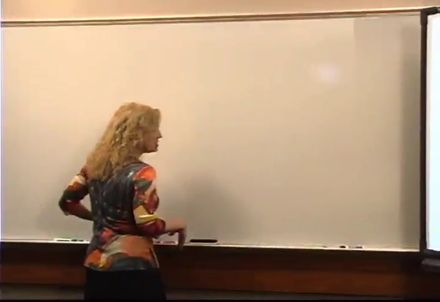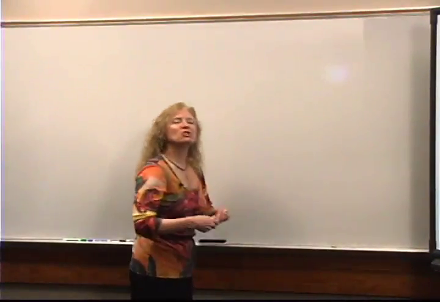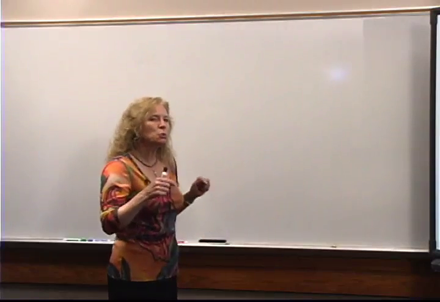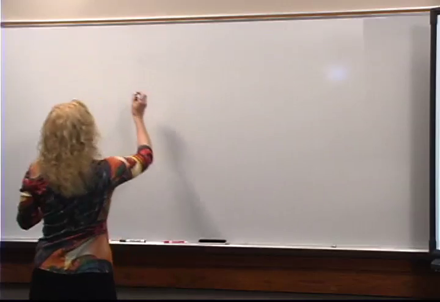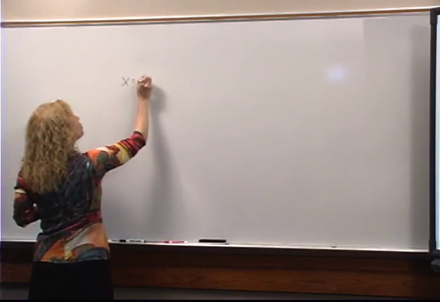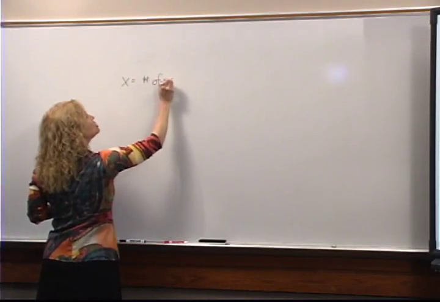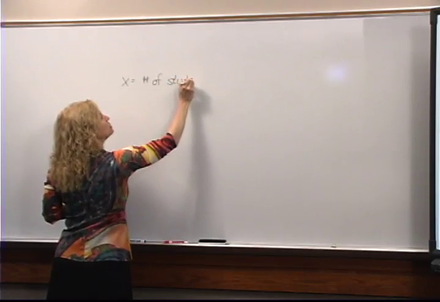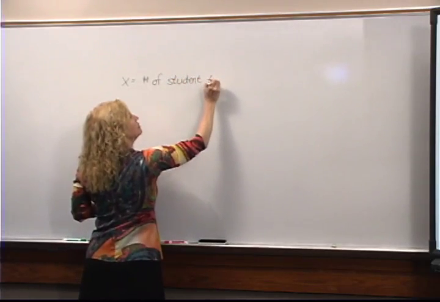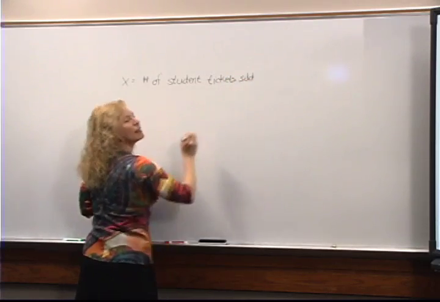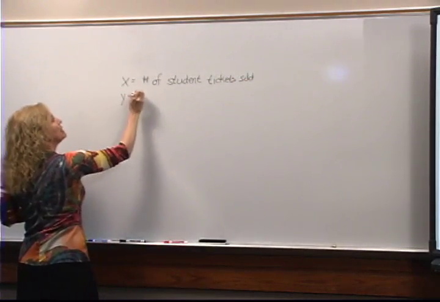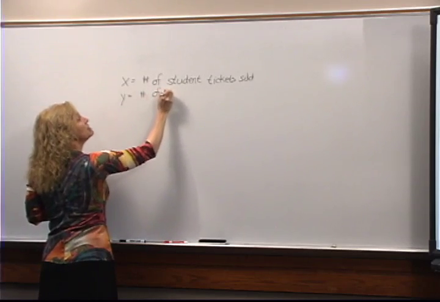All right, well, to start out with, do you realize that there's technically 2 things here that I do not know? So I'm going to say let X equal the number of student tickets sold. And Y is going to be the number of adult tickets sold.